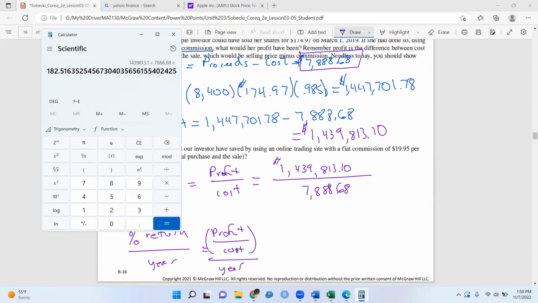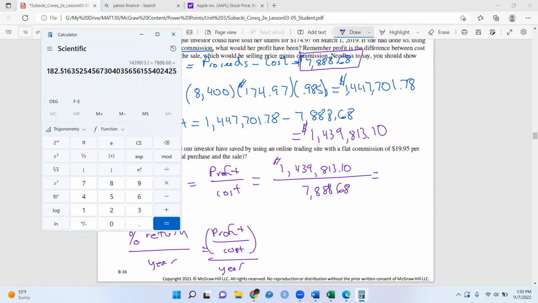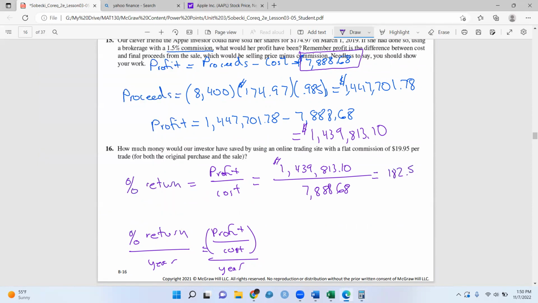So this is the decimal version of the percent, 182.516. As a percent, we need to multiply that by 100, and we get 18,252%. So over the lifetime of this investment, we earned an 18,252% return on our profit.